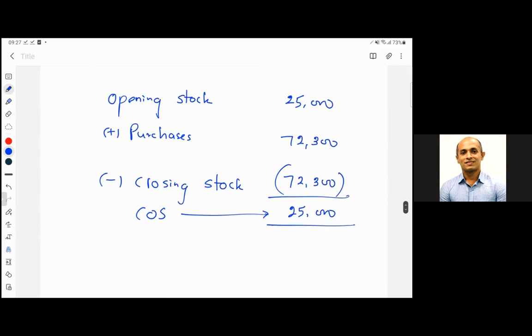Now, if you see this calculation, closing stock is at current price, therefore this is okay. Purchases are at current price, therefore this is okay. Opening stock is at last year price, not at current price.